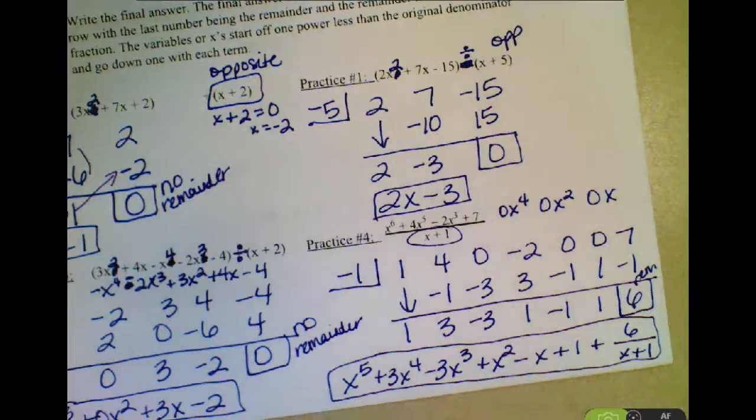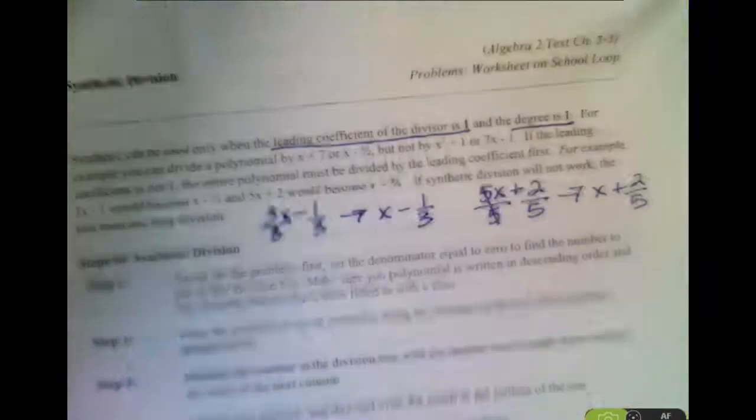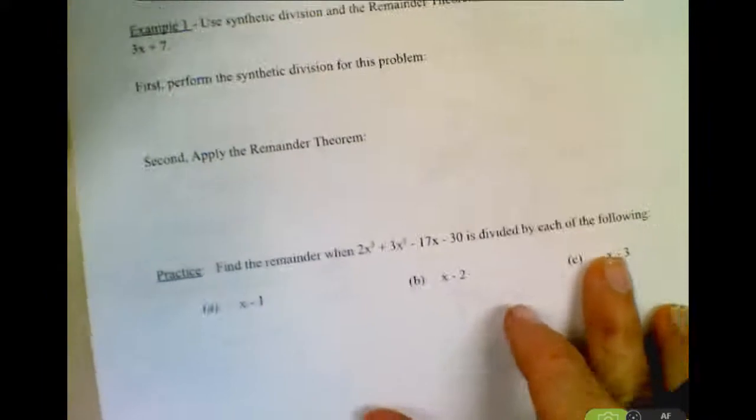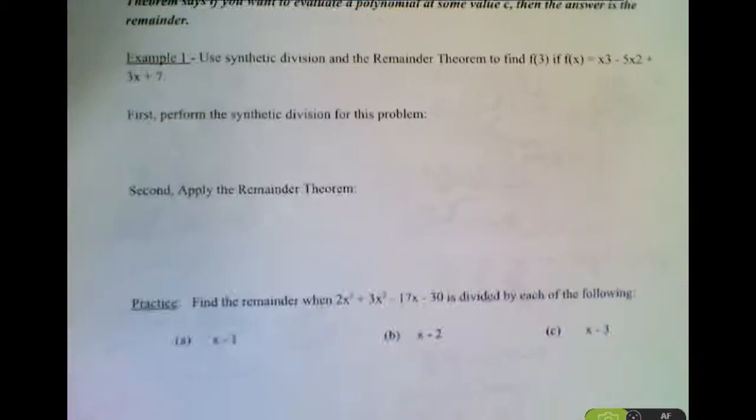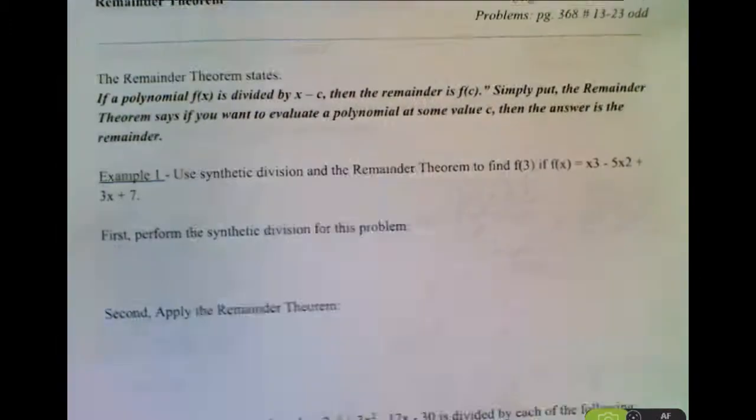Okay? Again, much more practice in class, so we'll be able to do that. One of the great uses for synthetic division is being able to use the remainder theorem. It actually gives us points on a graph, which is the best application of it, and allows us to figure out the ending point of a situation, even if we're given a long, complicated polynomial.